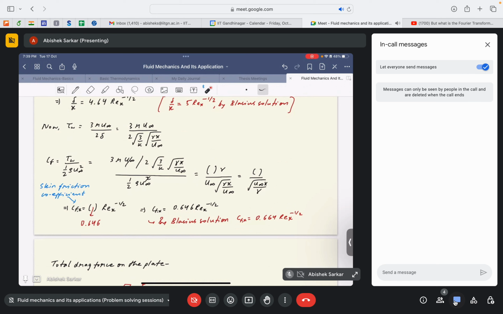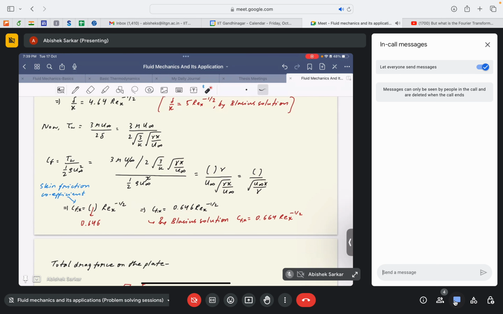If we compare to the Blasius solution, we got that Cfx equal to 0.664. Such a small variation in the results. The methods are a bit different because there we used the similarity solution and here we used the integral methods, but still the solution that we get is quite accurate.